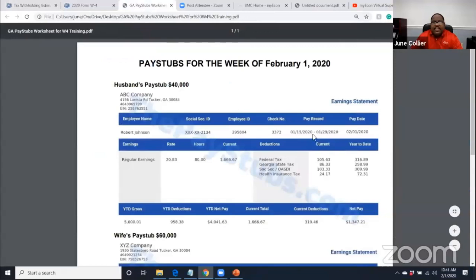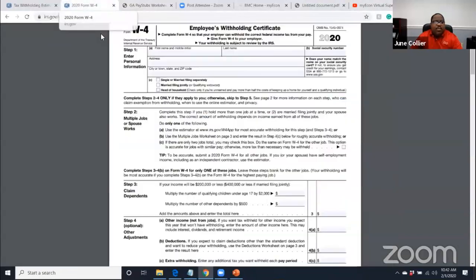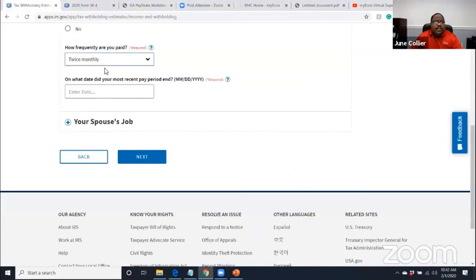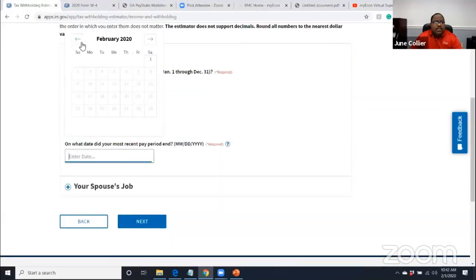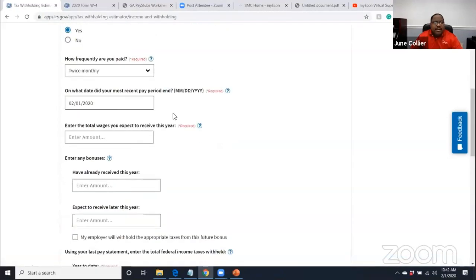If we look at the husband's pay stub, the pay period ended on 1/29/2020, and they got paid today, the 1st of February. So let's put that here on the form. Actually, we'll just do the first. They got paid today.